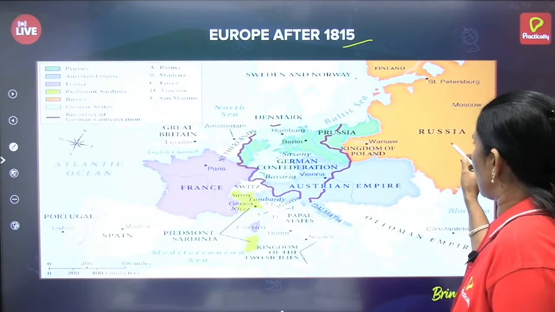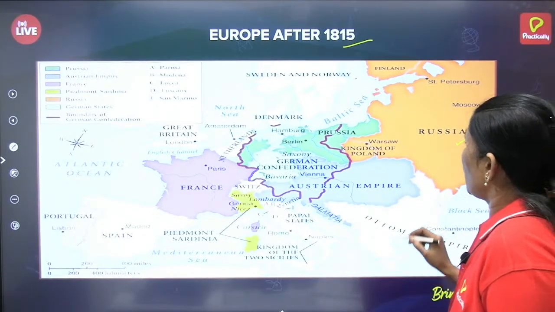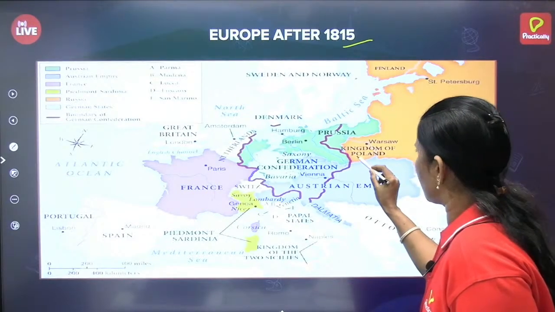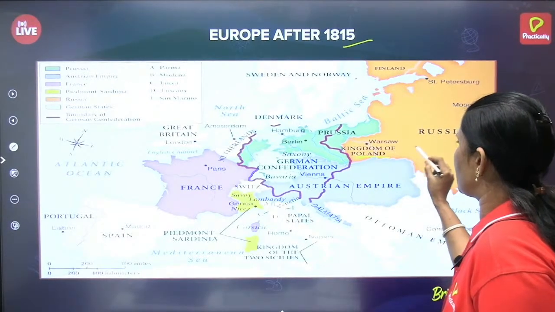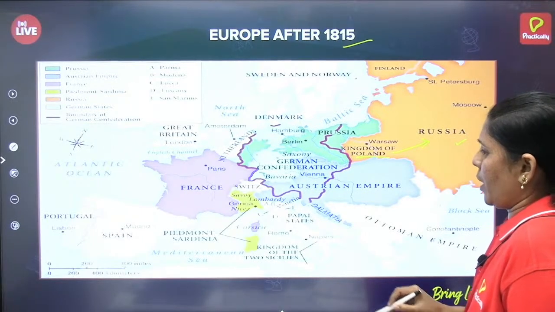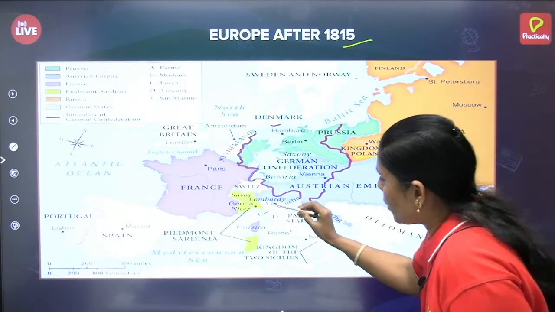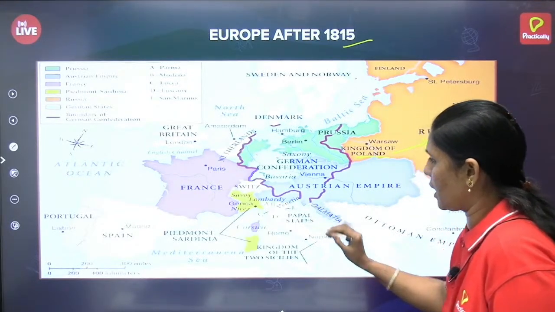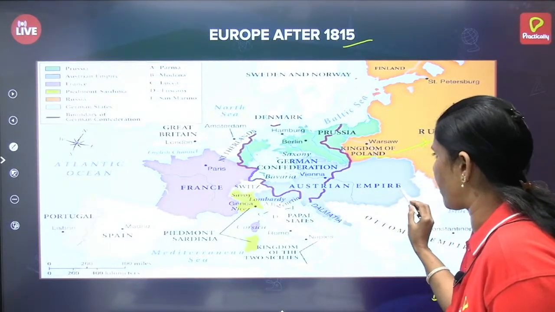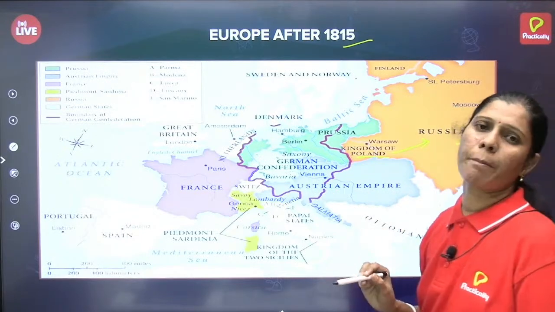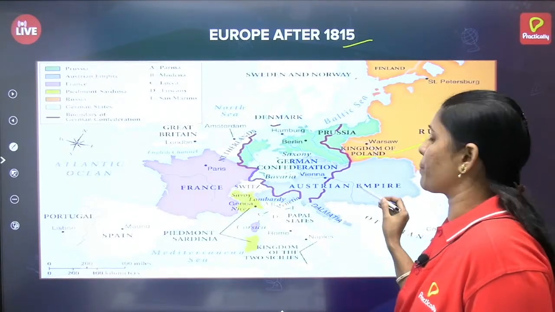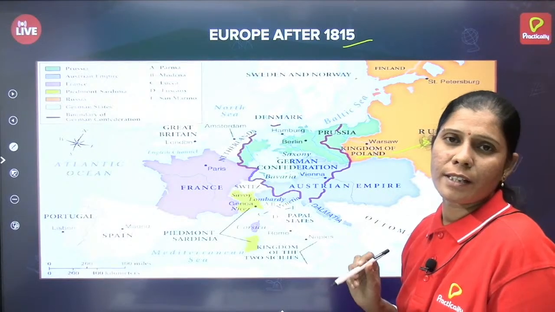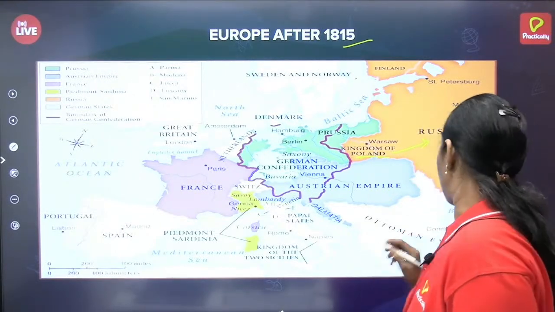You can see Russia over here. Whatever Poland was existing, you can see over here, Poland was given to Russia. This is Italy, children. You can find over here Lombardy, Venetia. These were Austrian Empire. Austria means Habsburg Empire.